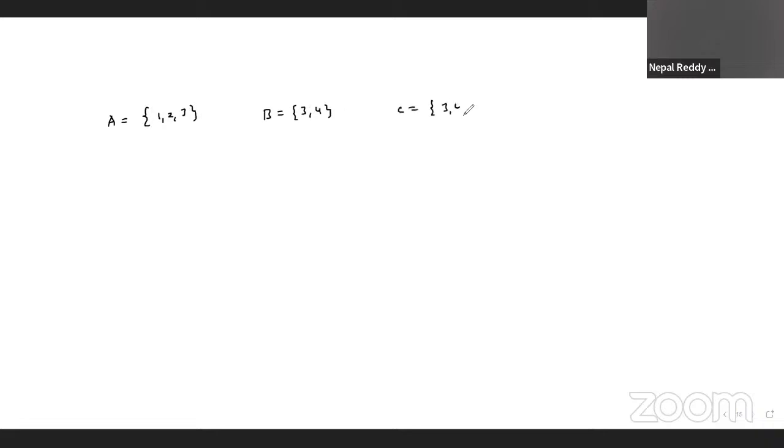Capital C is {3, 4, 5}. A and B are independent events. First question: given that A, B are independent, and given that probability of A is 3 by 6, probability of B is 2 by 6, and probability of A intersection B is 1 by 6, right? Now the question, find probability of A intersection B.